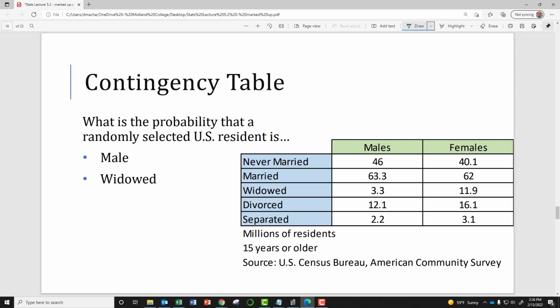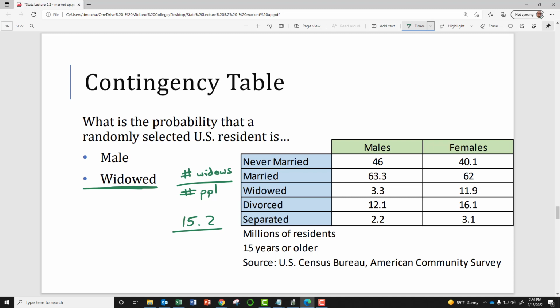Okay, new question. What's the probability that a randomly selected resident is a widow? For this question, we write the number of total widows divided by the number of total people. The number of widows will be 3.3 plus 11.9, which is like 12, plus 3.2, which is 15.2.